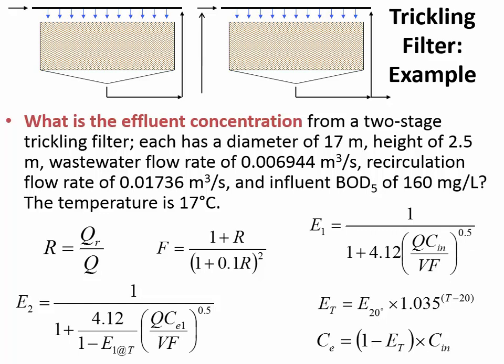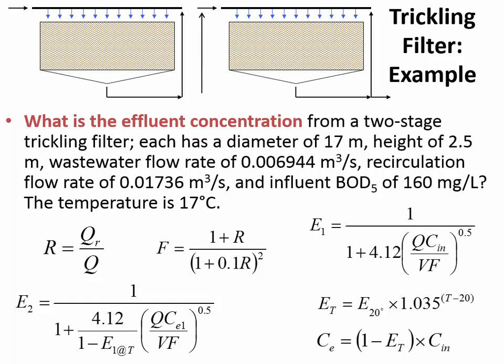Okay, so if we calculate the ratio, it's 2.5. The ratio, that 2.5 means that for every liter of water that goes out, we recirculate it 2.5 liters.